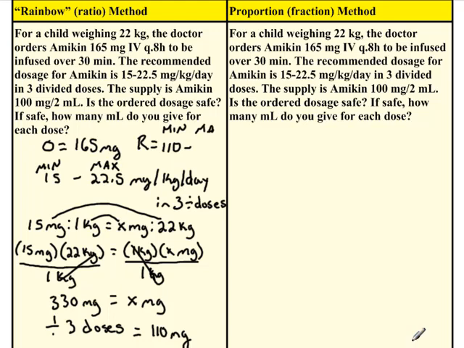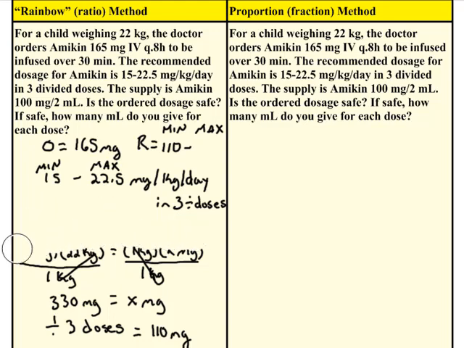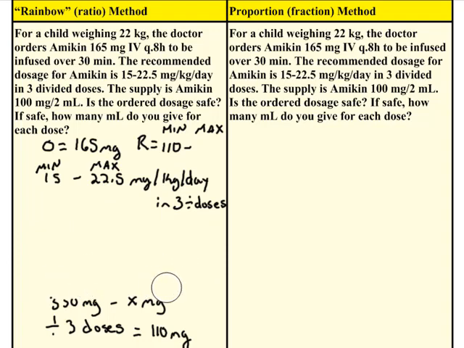We still need to find out the maximum dose. We are going to have to do this exact same process with the 22.5 milligrams per kilogram per day in 3 divided doses. We'll use the same process we did to find the minimum dosage.